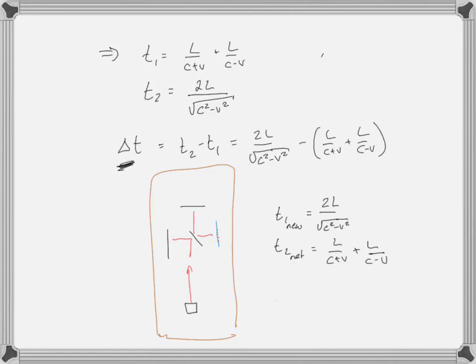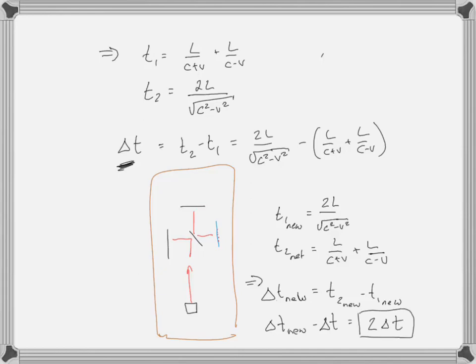So delta t new is equal to t2 new minus t1 new, and delta t new minus delta t old, or the change in delta t, is 2 delta t.